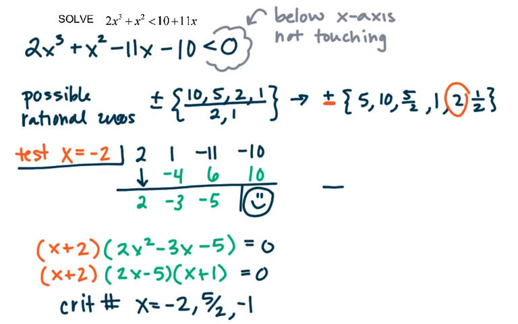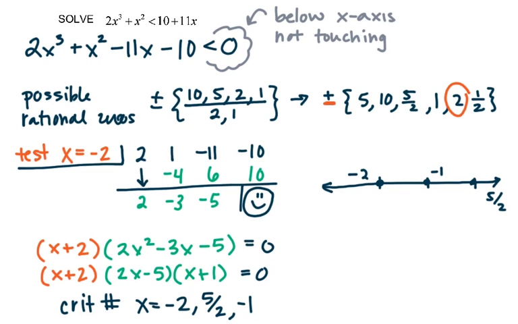So again, we make a number line and we can test things on the number line. But what I think is a little easier is to actually make a graph. So we have -2, -1, and 5 halves here. Those are those values. And those are points on the x-axis.